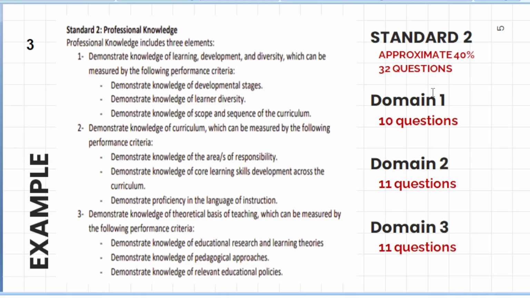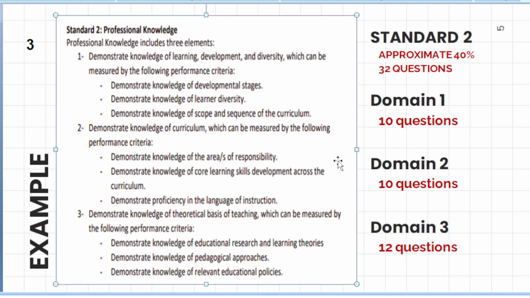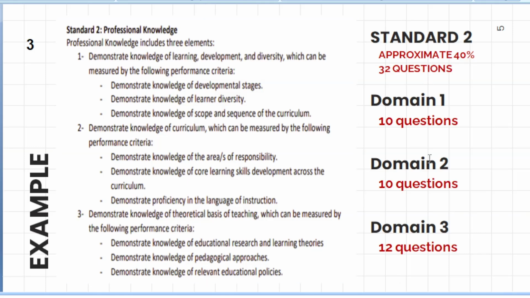For example, we can divide it like that. The ministry divided according to importance, or it gives the weightage according to the importance of the topic. Now these are the 32 questions.